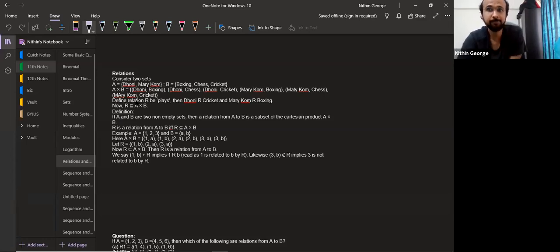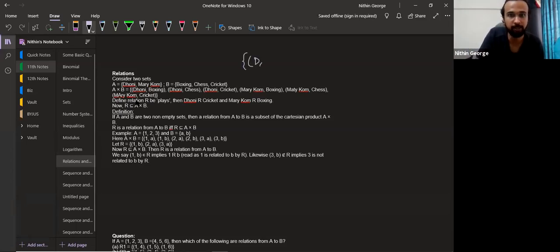If the relation has a meaning to it, like, it need not be that a relation has a meaning. But suppose you define a meaning in your own head, that the first one plays the second one. So Dhoni is related to cricket and Mary Kom is related to boxing. So you can form a relation like this, where the first pair is Dhoni and cricket, next is Mary Kom and boxing.